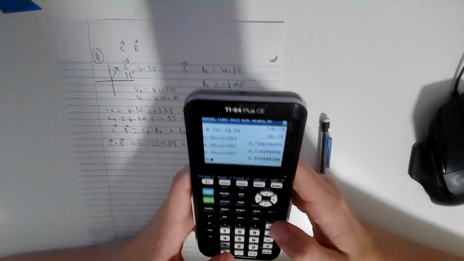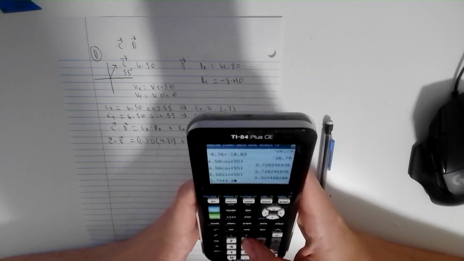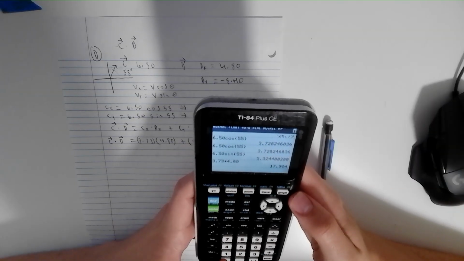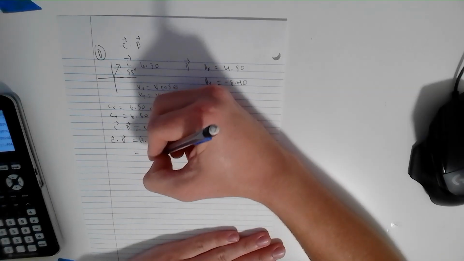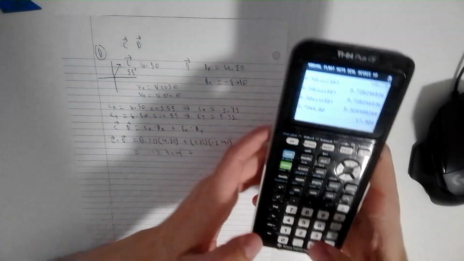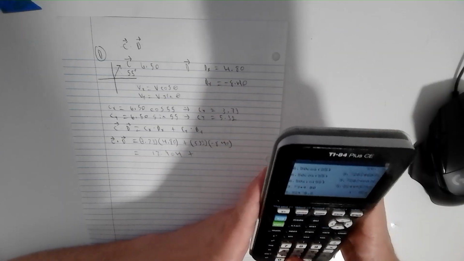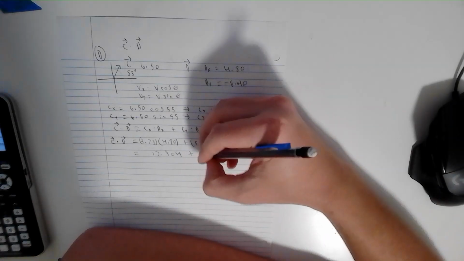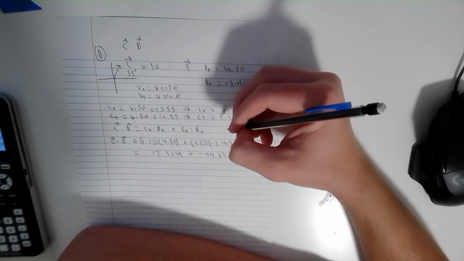And then we're just going to solve. 3.73 times 4.80 is going to give us 17.904, plus 5.32 times negative 8.40, which is going to be negative 44.69.